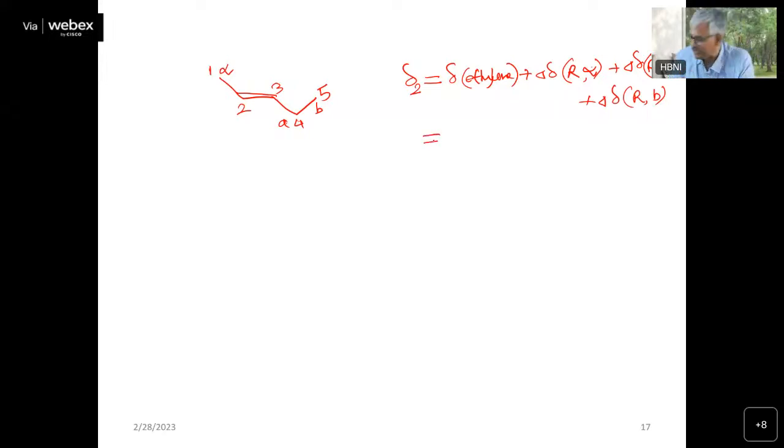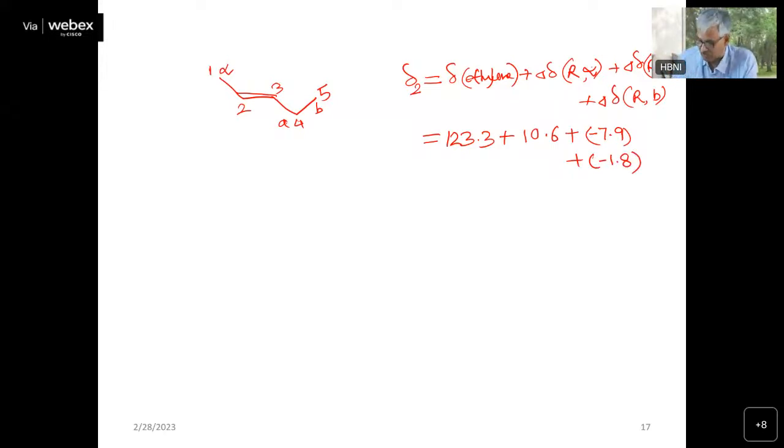So now we know that delta ethylene is 123.3. This is the base value, plus when it is at the alpha position, delta delta R alpha, it is 10.6. If you see the table, you will see 10.6. Plus, you will see the RA is minus 7.9. I'll show you, go back to the table, and for the B also, it is minus 1.8.